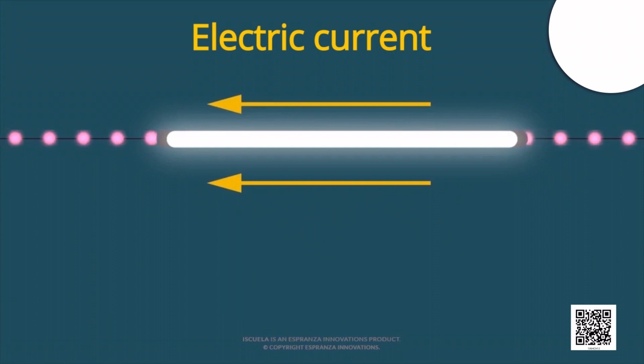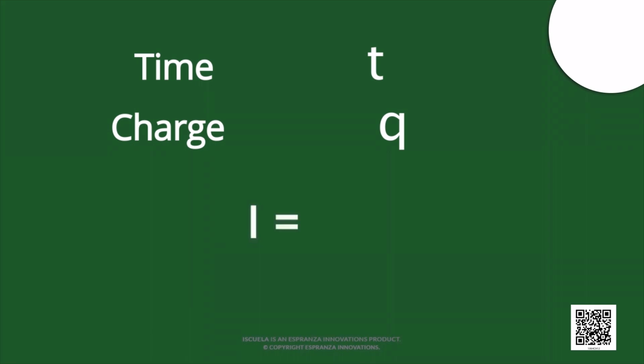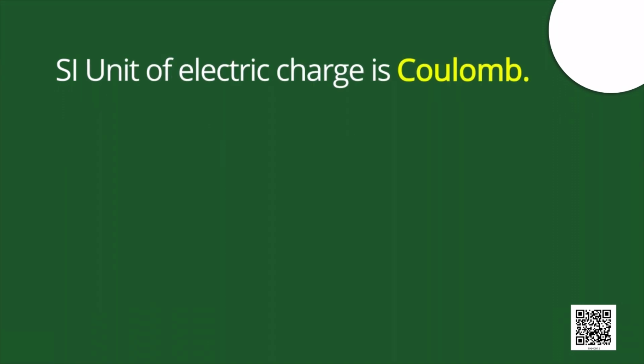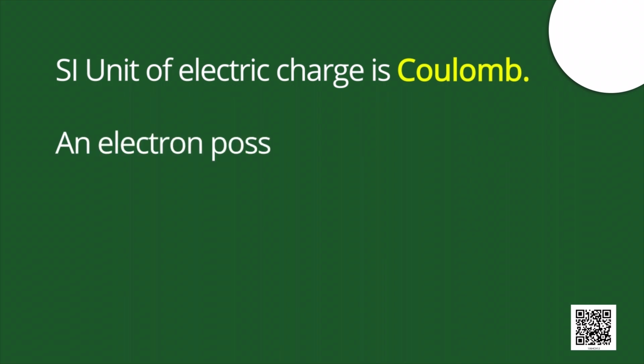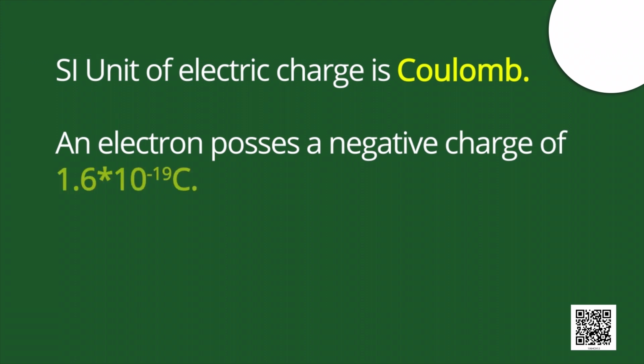If a net charge Q flows across any cross-section of a conductor in time t, then the current I through the cross-section is given by the expression I = Q/t. Children, the SI unit of electric charge is Coulomb. An electron possesses a negative charge of 1.6 × 10^-19 coulombs.